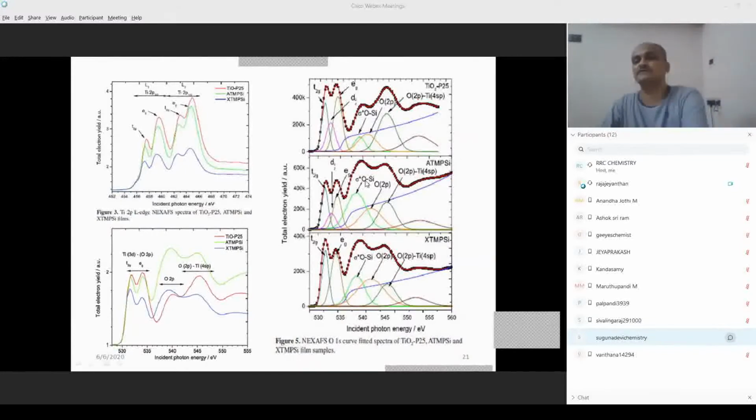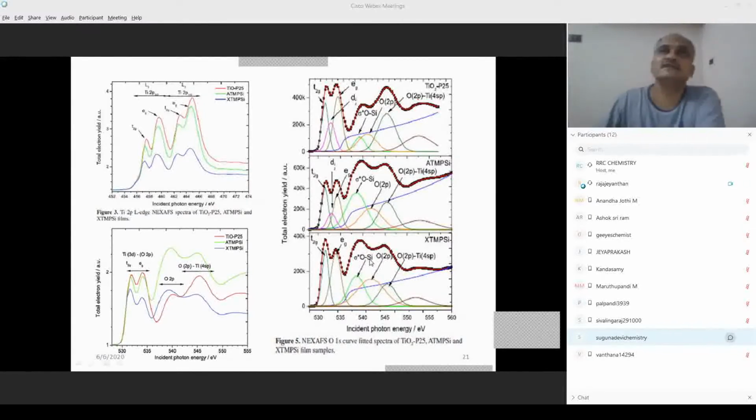Similarly, when you come to the third spectrum, titanium dioxide treated with silane in xylene, we know that in xylene there is no formation of oligomers. That is, silane cannot undergo polymerization and form oligomers. So silane remains as a molecule, and it is uniformly distributed all over the titanium dioxide. So you can see here the peaks of t2g and eg of titanium dioxide and the sigma star O-Si bond are of equal intensity.